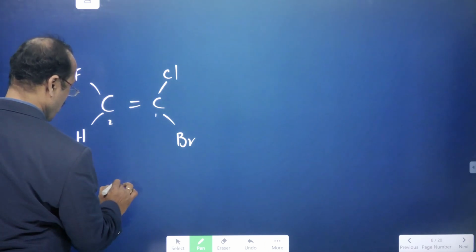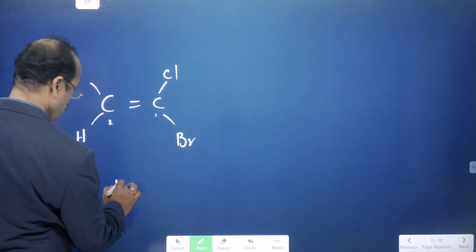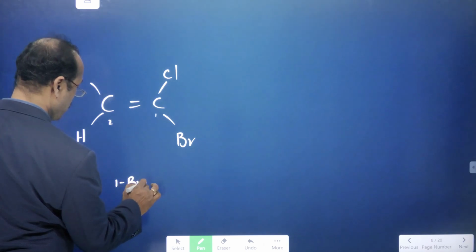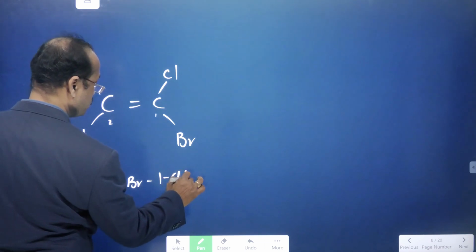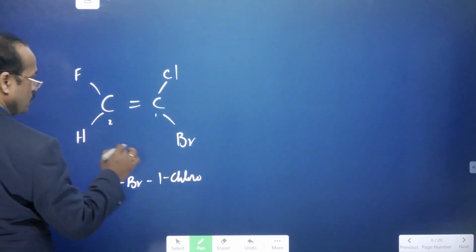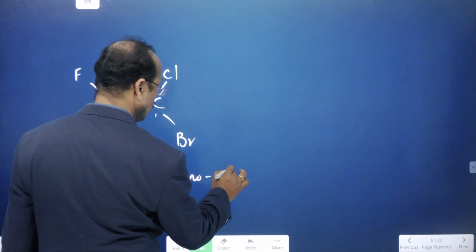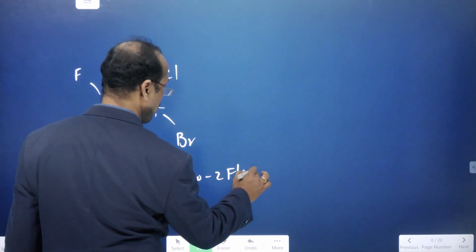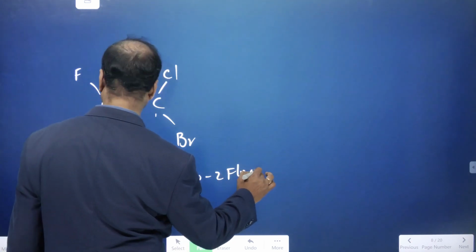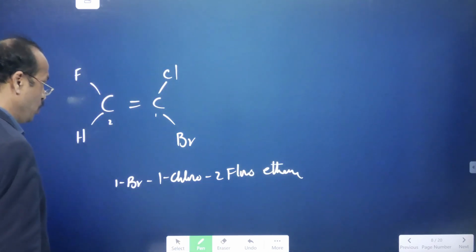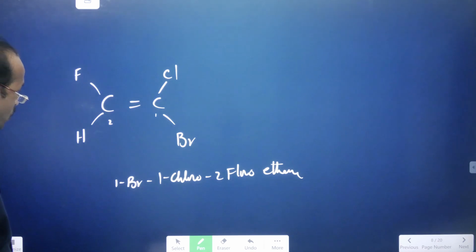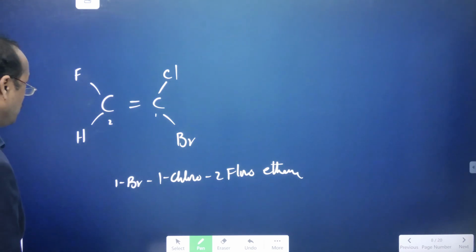So this is 1-bromo and 1-chloro, and 2-fluoro. The name of this compound is 1-bromo-1-chloro-2-fluoroethene.